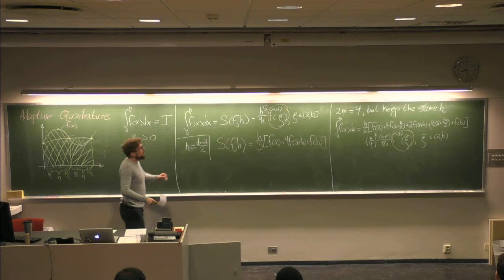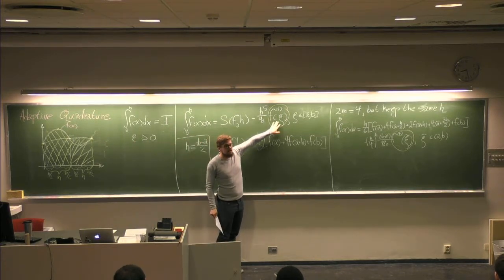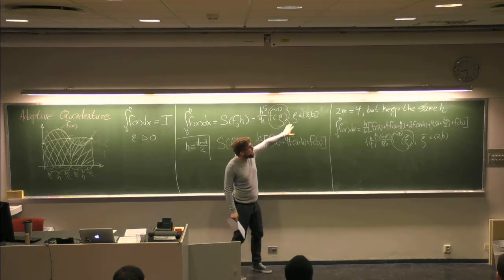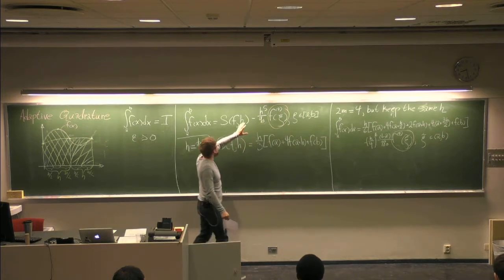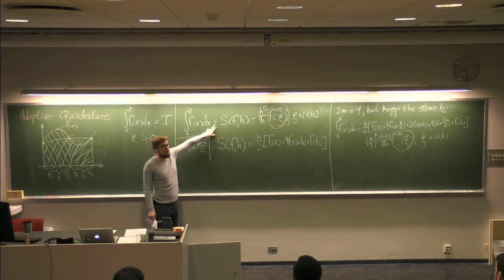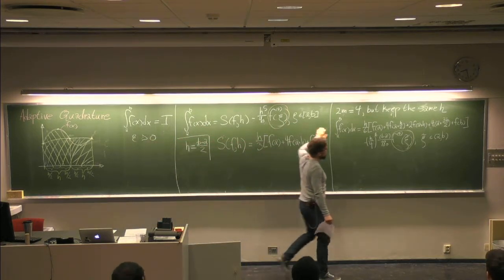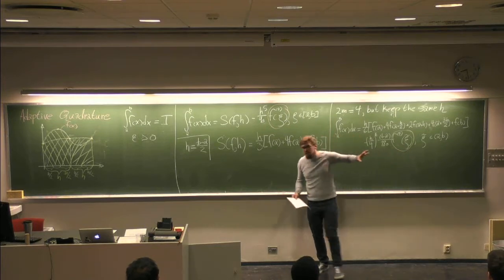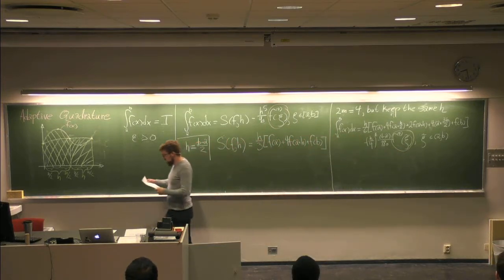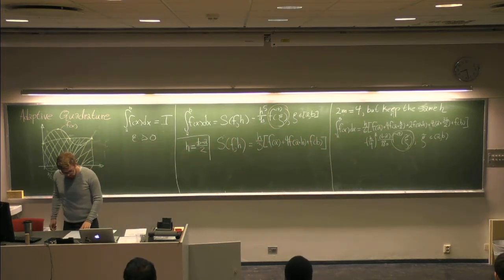We don't really know what this psi is. It's just some number inside our interval in order to fulfill this equality. But what we can try to assume here is that these two are approximately equal. That is what all of this hinges on.